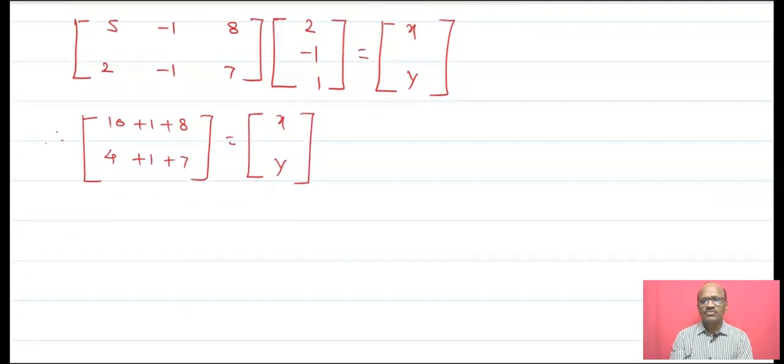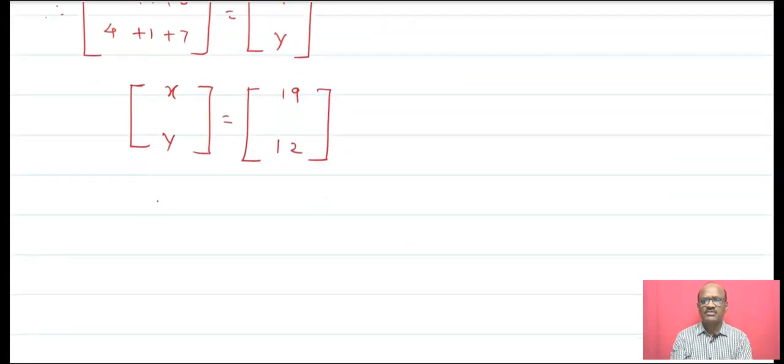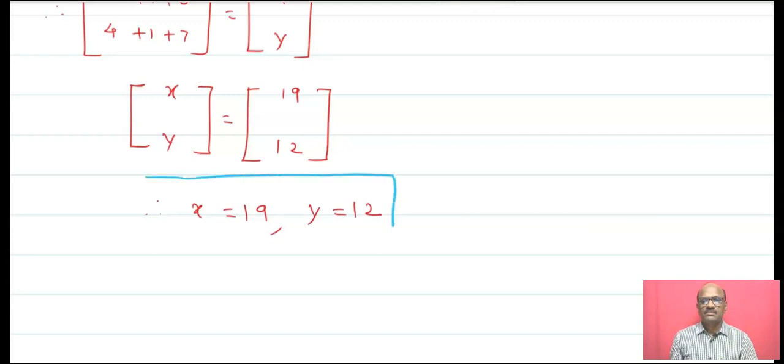Now first row first column, that is the first element, second row first column, so only two elements are there, which are 19 and 12. Therefore x is equal to 19 and y is equal to 12. This is the answer.